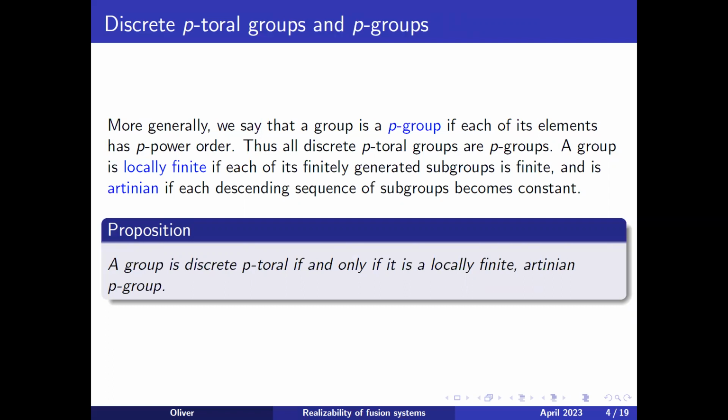They called them, I think, p-discrete toral groups, a term that I thought sounded horrible, so I just permuted the words.